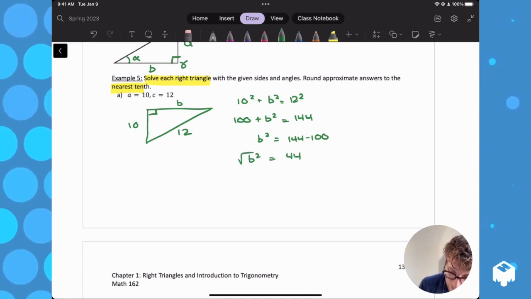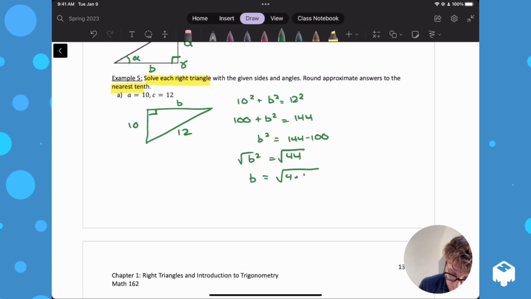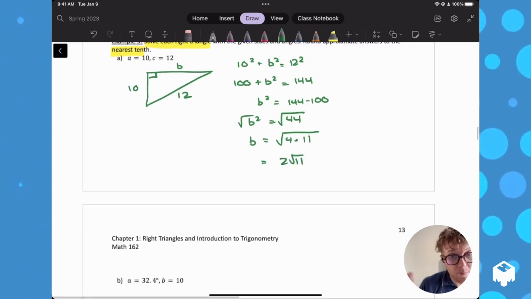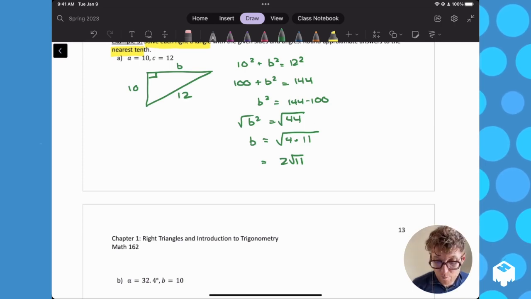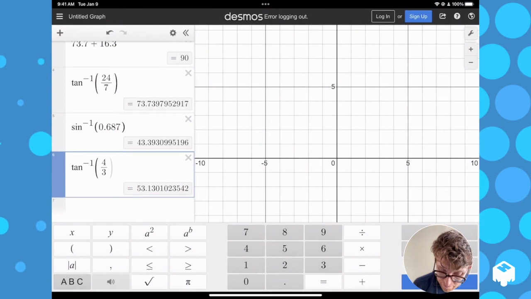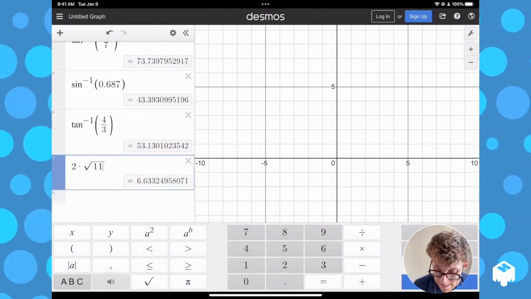If I square root that, I get b equals the square root of 4 times 11. The square root of 4 is 2, so that's 2 radical 11, but it did say round my answer, so I want to evaluate that by doing 2 times the square root of 11, and I see that that is 6.6.